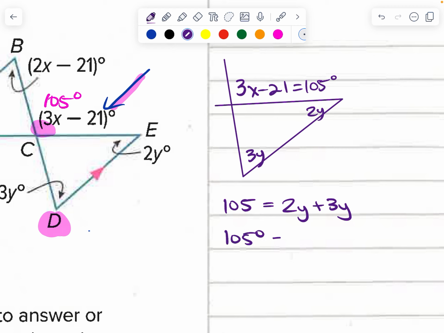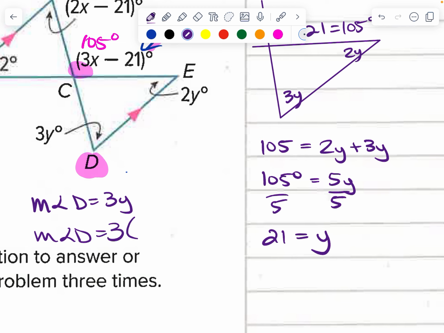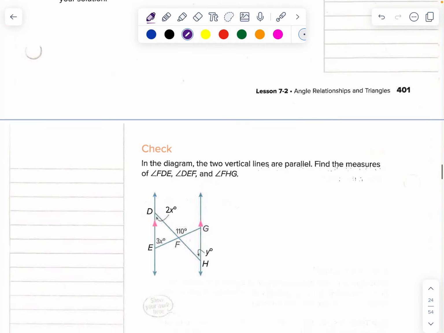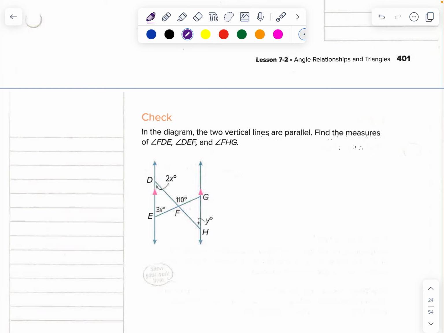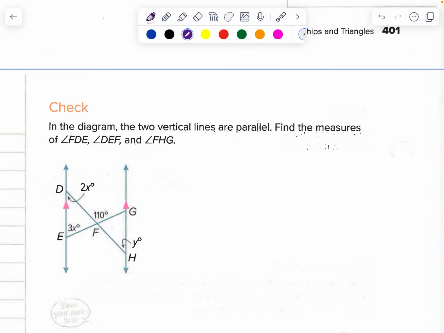So 105 degrees is equal to 5y. Divide by 5. And I get 21 is equal to y. Okay? So we're trying to find the measure of angle D, which is 3y. So the measure of angle D is equal to 3 times 21, which would equal 63 degrees. Okay. Now I could have done it other ways also, but I went with that.